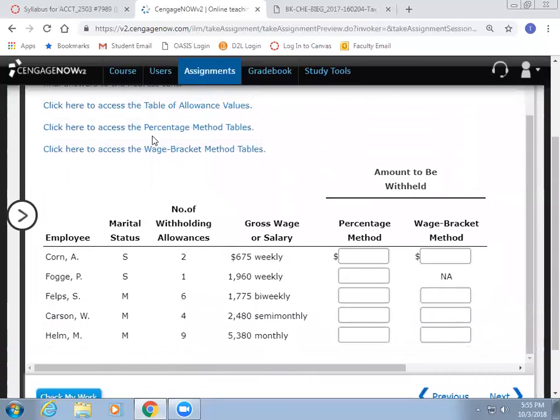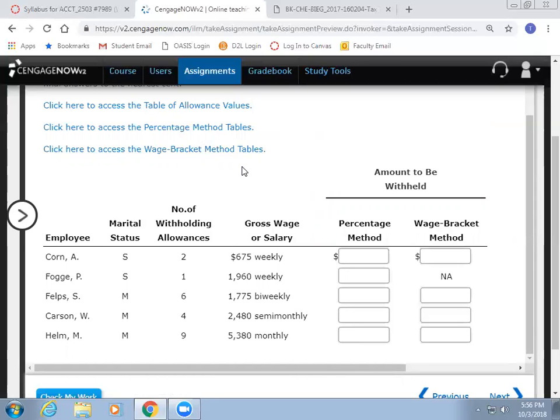This next one, again, it'll give you access to the table of allowances and the percentage method tables. We have 5 employees that all have, as you can see, different withholdings, different marital statuses, and different pay periods.